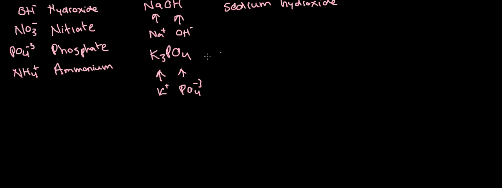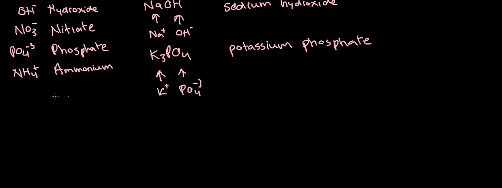So in order to name this, I disregard how many potassiums there are. It does not matter for the names of ionic compounds. For the name of covalently bonded things, it will, but for now it doesn't matter. So this would be potassium, and then I take the name of the anion, phosphate. And in this case, there is no IDE at the end. The last example just happened to have an IDE, but it's not required. The correct name of this is potassium phosphate.